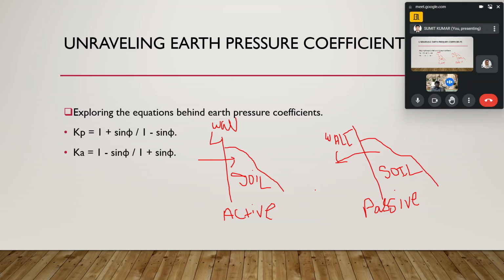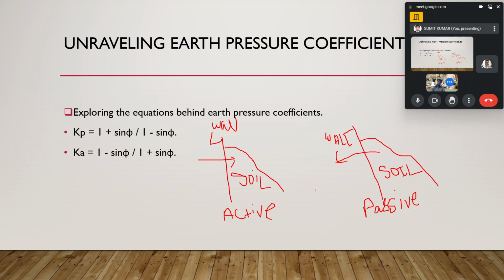In both cases, in one case the horizontal stress is maximum, in the other case the passive stress is maximum. When the wall is moved toward the soil, the stress acting in this direction is very strong, and this leads to another state of stress at the wall and soil interface.